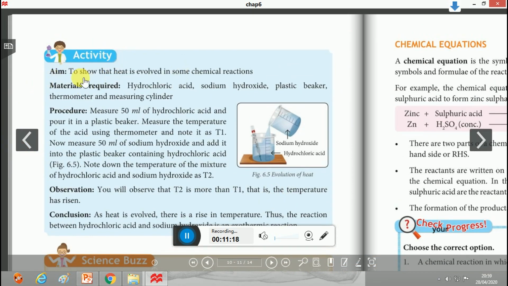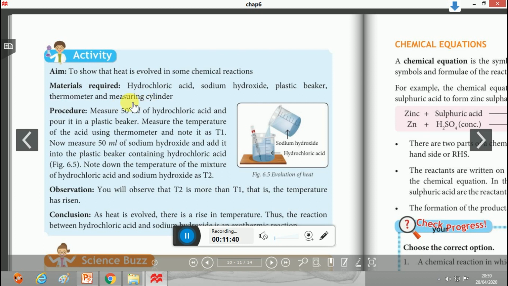Next activity: the aim is to show that heat is evolved in some chemical reactions. It is in your book. Materials required: hydrochloric acid, sodium hydroxide, plastic beaker, thermometer and measuring cylinder. Measuring cylinders are used to measure the chemicals.